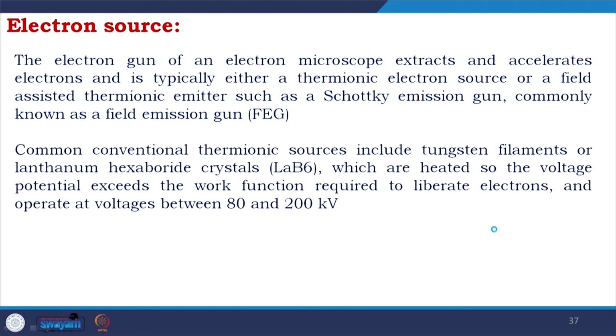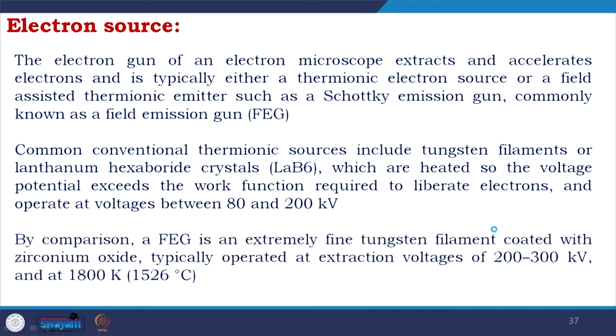Common conventional thermionic sources include tungsten filaments or lanthanum hexaboride crystals, LaB6, which we discussed earlier, which are heated so the voltage potential exceeds the work function required to liberate the electrons, and operate at voltage between 80 to 200 kilovolt.